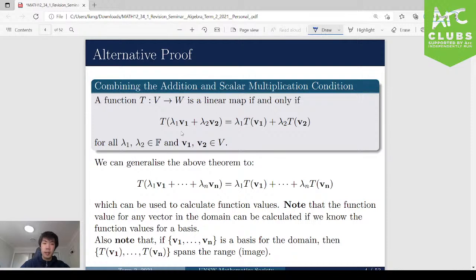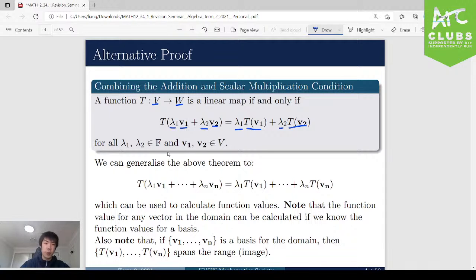So you take some vectors v1 and v2 from the domain, compose them with some scalars, and add the two together. If this transformation can be evaluated and then rewritten as lambda 1 of Tv1 plus lambda 2 of Tv2, where Tv1 and Tv2 are vectors in your codomain W, then you can claim that it's linear without needing to do the two steps separately. You combine both steps into one.